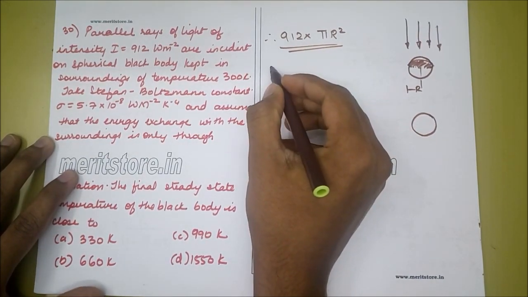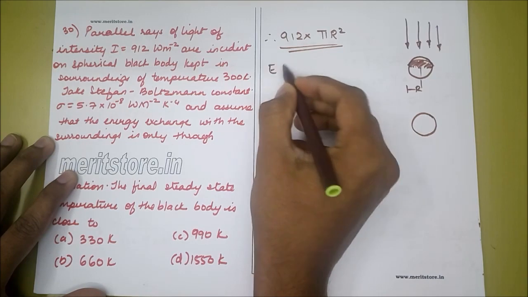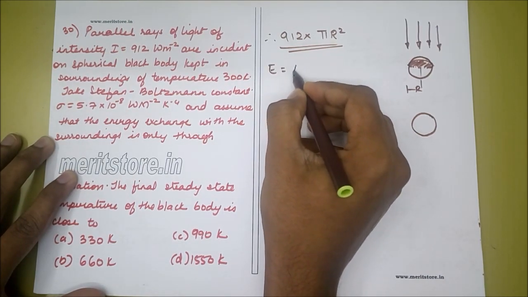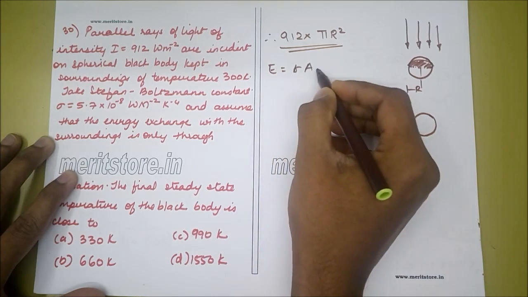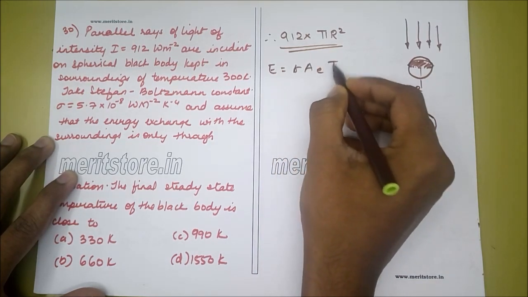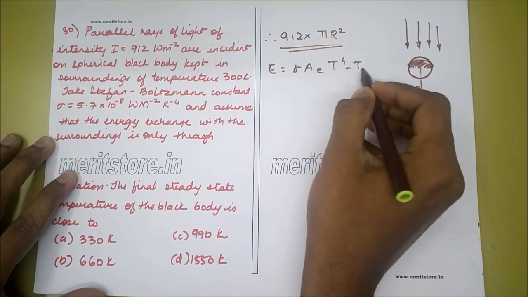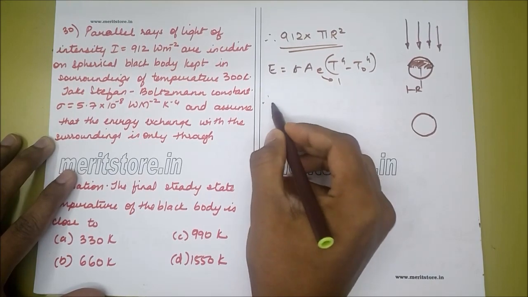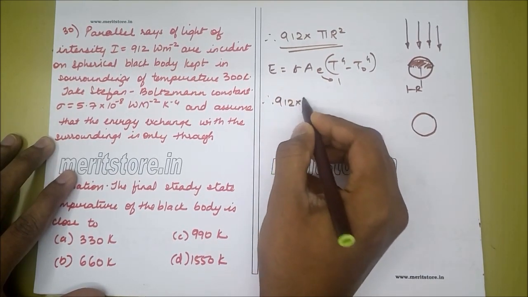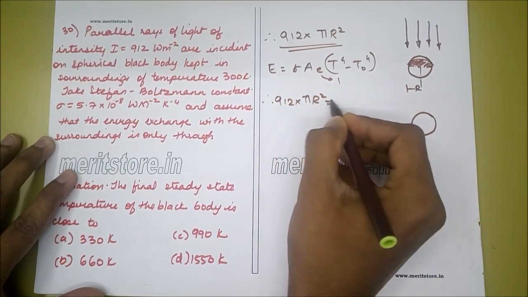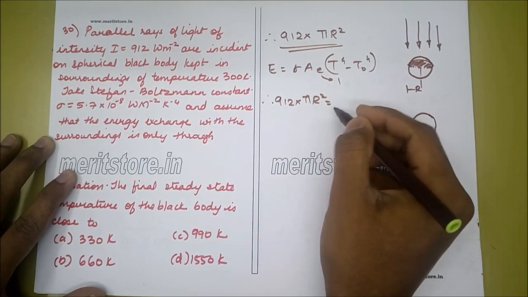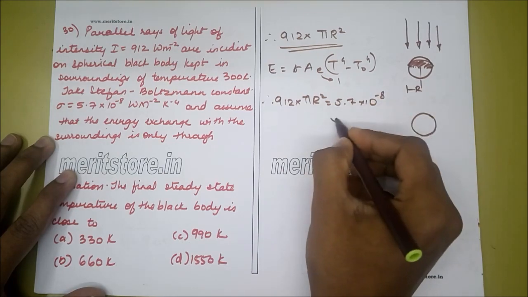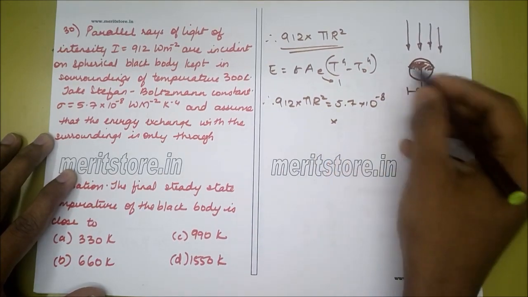Now using Stefan Boltzmann's law, power is equal to sigma A E times T raised to 4 minus T naught raised to 4. Now for a black body E is equal to 1. So 912 into pi r square is equal to, the value of sigma is given as 5.7 into 10 raised to minus 8, into the area.